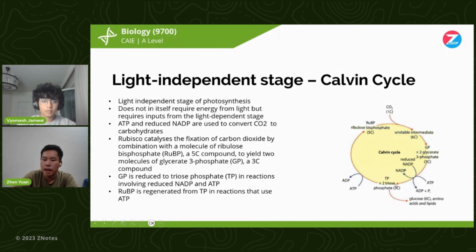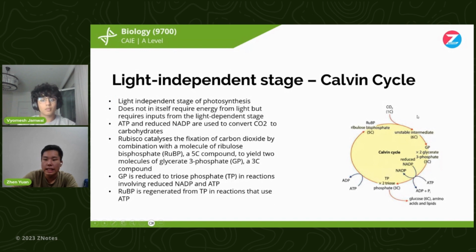So yeah, ATP and reduced NADP is actually used for this process. So energy is used to convert GP into TP, which we call triose phosphate. This triose phosphate is actually then used to generate your glucose, your amino acids, and your lipids.